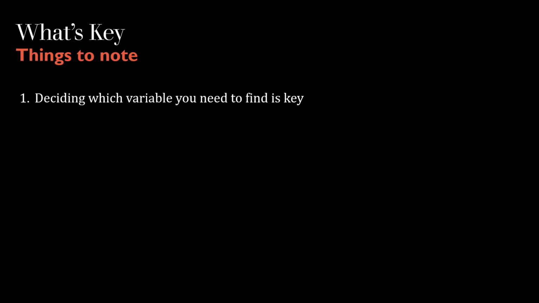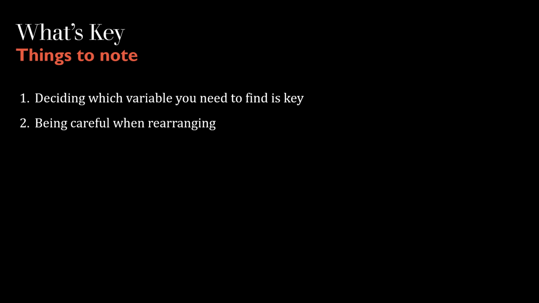So, things to note. Deciding which variable we need to calculate is key. So you might want to mark on the paper that we're looking for weight and what the equation for weight is, mg, which is available in the sheets in the exam paper. Need to be careful when rearranging. That's where it can often go wrong.